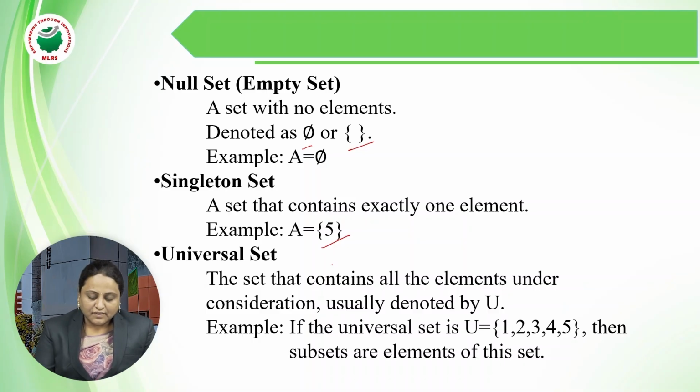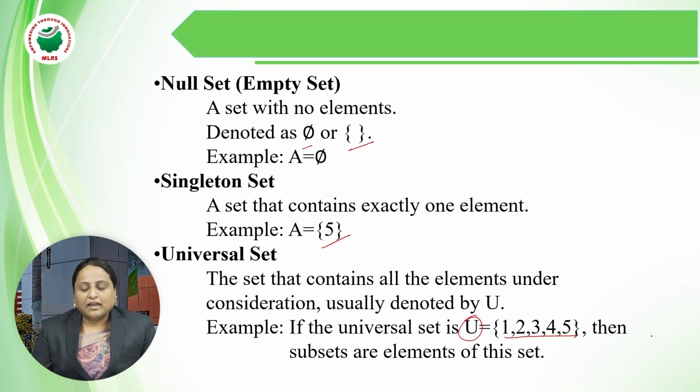And the next one is the universal set. Universal set doesn't mean that it has an infinite number of elements. The elements we want to consider at that point of time are known as the universal set. For example, if I want to consider elements 1 to 5 at this point of time, then the universal set represents {1, 2, 3, 4, 5}.